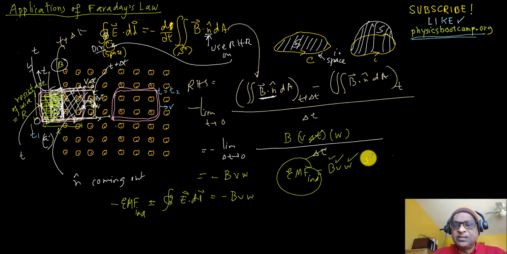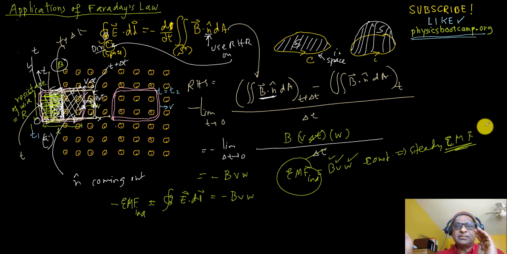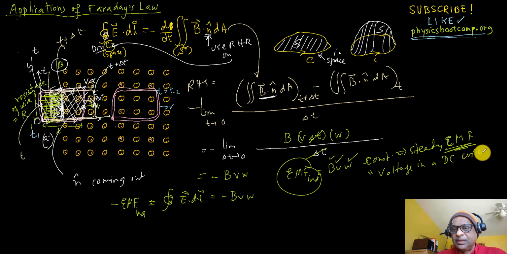So this is some constant, and that means a steady EMF, and this steady EMF acts like a voltage in a DC circuit. We don't have a DC circuit, we have a loop of wire.